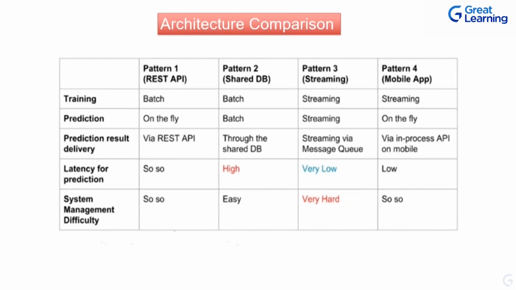And through this DB, the new records which have been entered in the DB are given as an input to the model which is available, and the output which you get is again stored in the DB. So that's why we call it a batch.